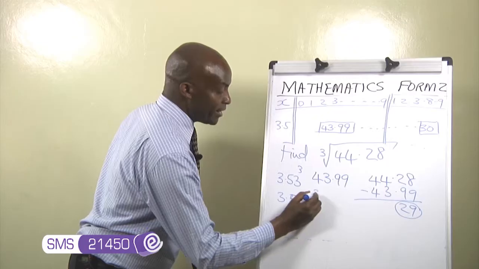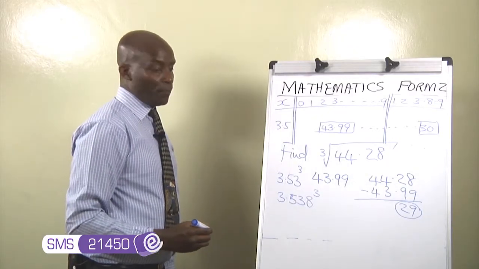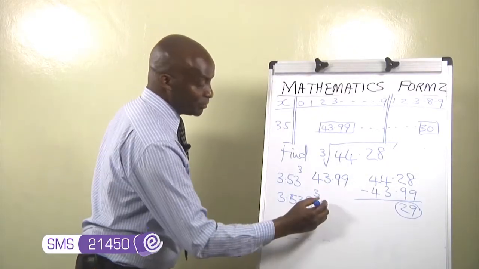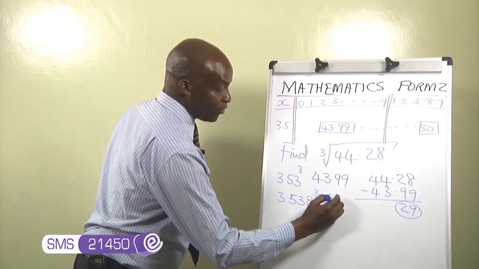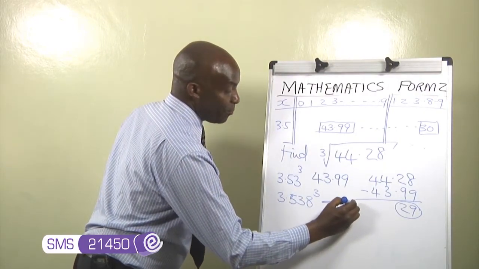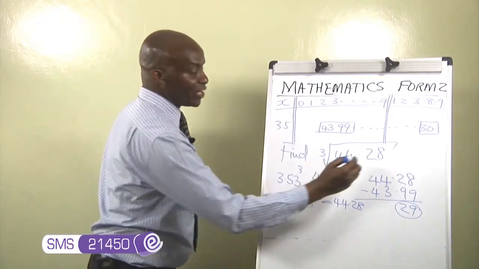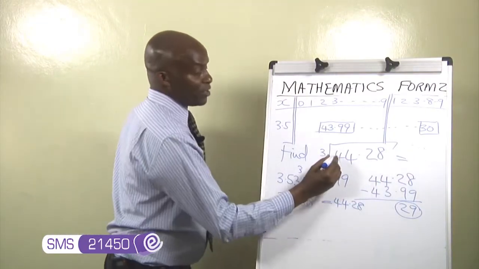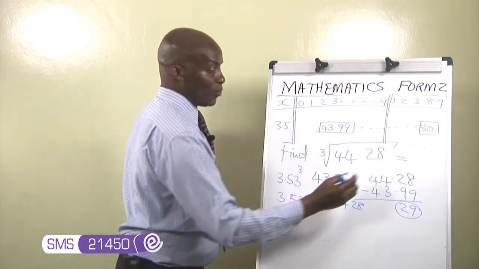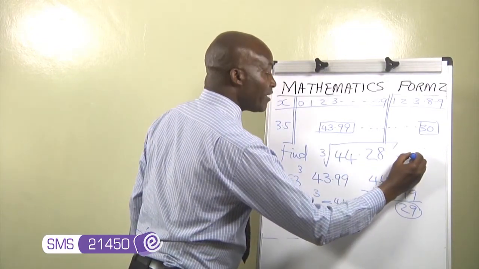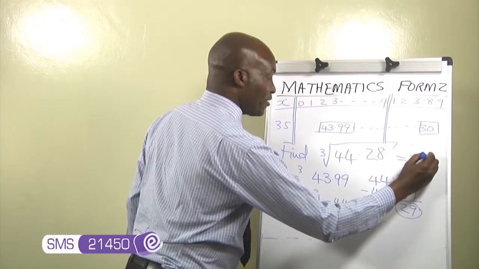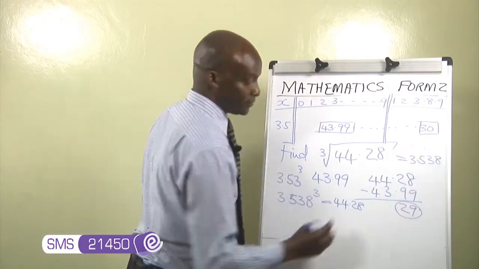And we will say, therefore, 3.538 cubed gives us 44.28 approximately. And therefore, the cube root of 44.28 will be approximately 3.538.